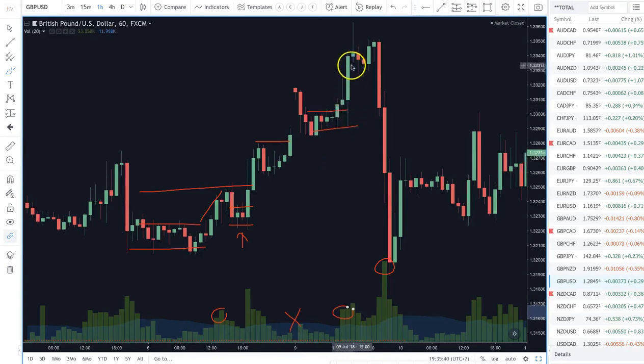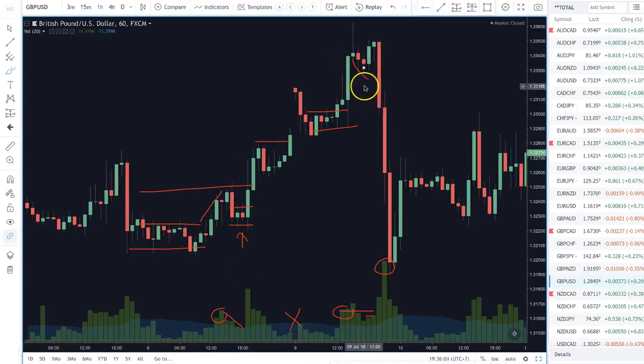And then the pullback that starts coming in right here. Look at that size of these volumes. Look how close that is. Generally, you see the pullbacks are supposed to be much lower, like half. In these particular cases, things are getting a little bit weird.